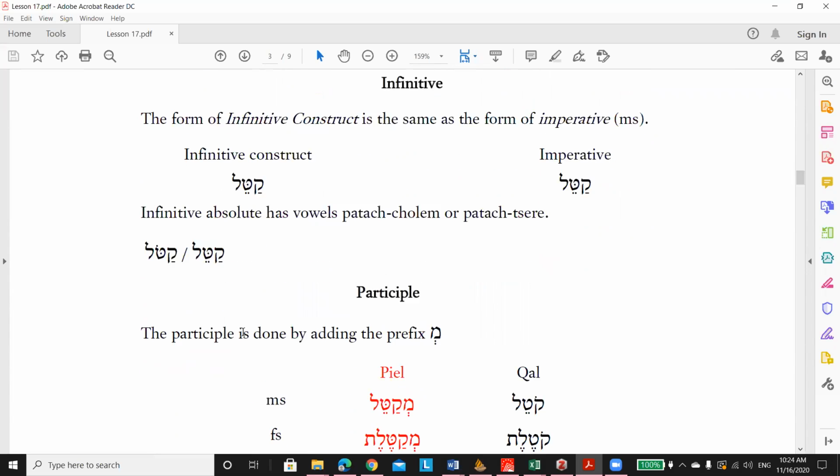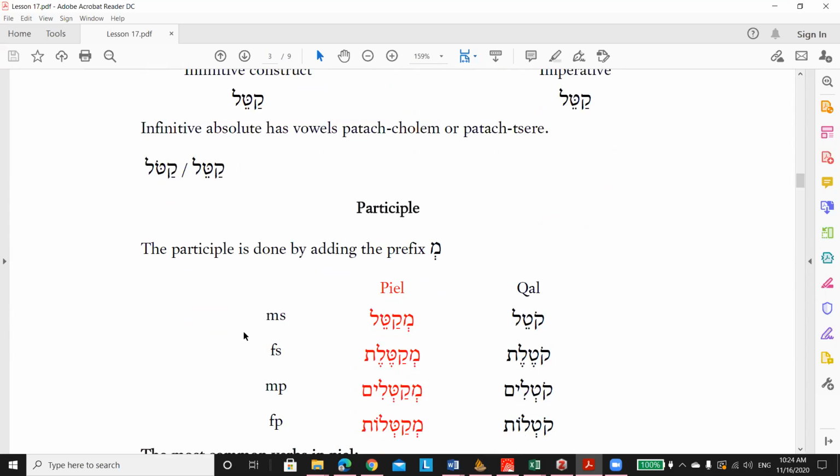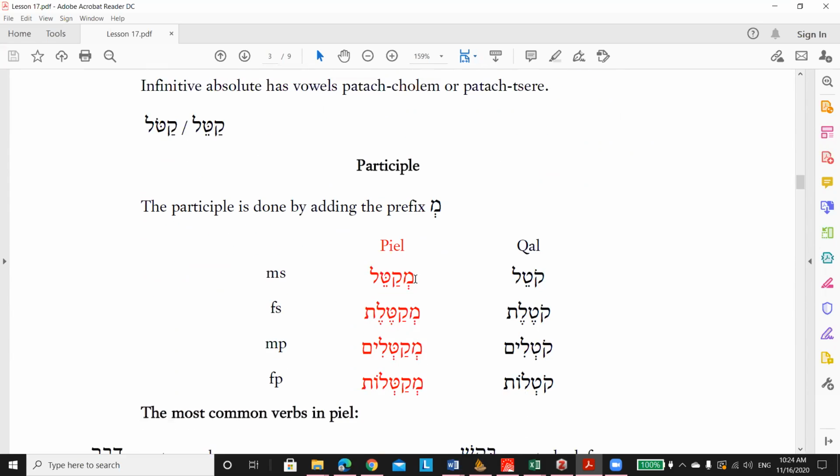And the participle, we need to understand how the participle is done. One specific feature of the participle is the prefix mem. They take the Piel form, qattel, and just add the prefix me to it, and we will have the participles.